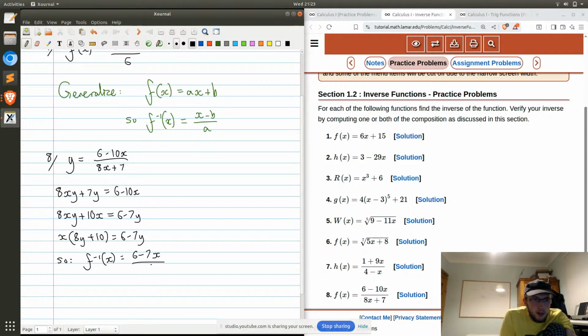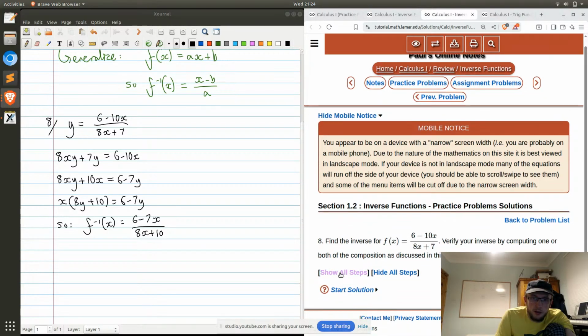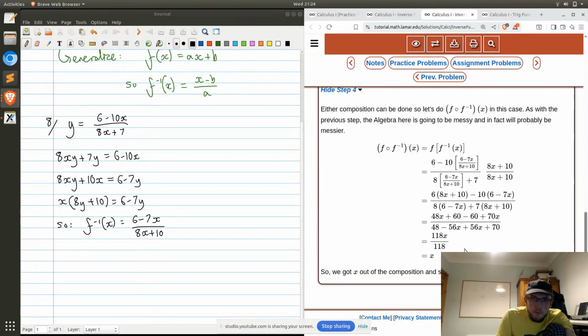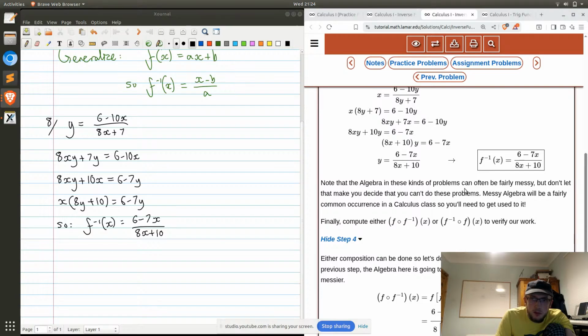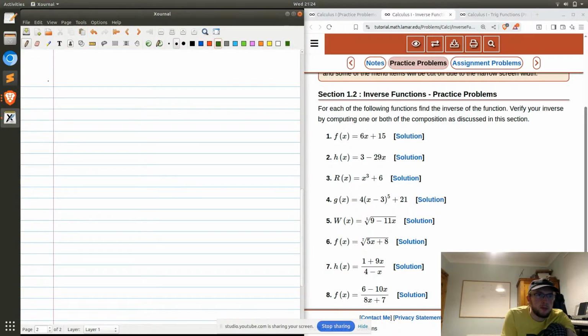Six takes 7x over 8x plus 10, like that. Now generalize. Okay, that's fine. Ax plus b over cx plus d.